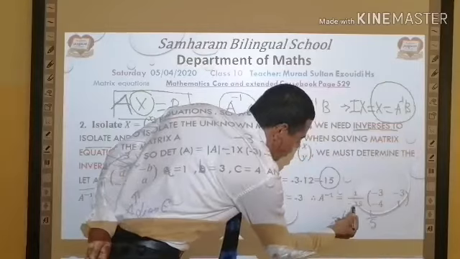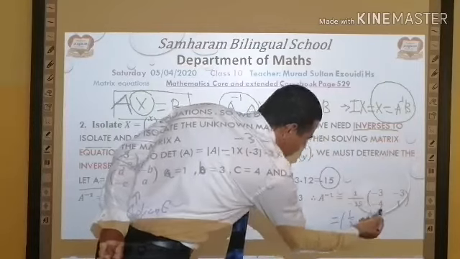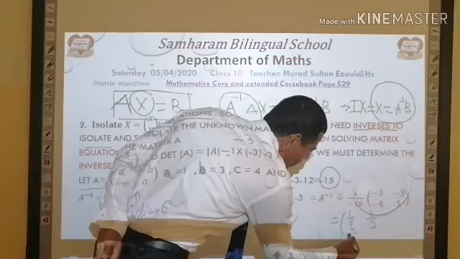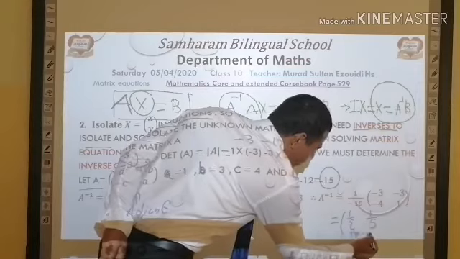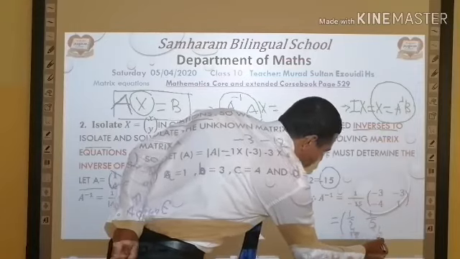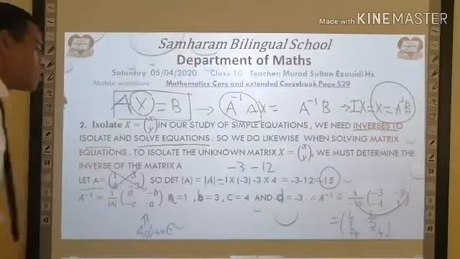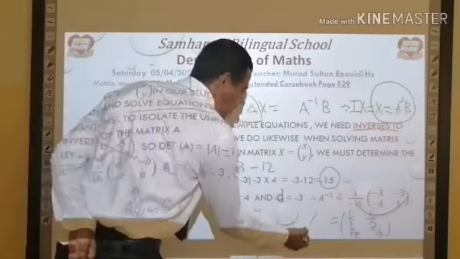Then 1 over negative 15 multiplied by negative 4 gives 4 divided by 15. And the next one, negative 1 divided by 15. This is the inverse of my matrix A.